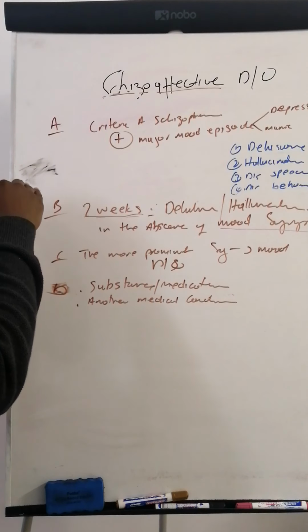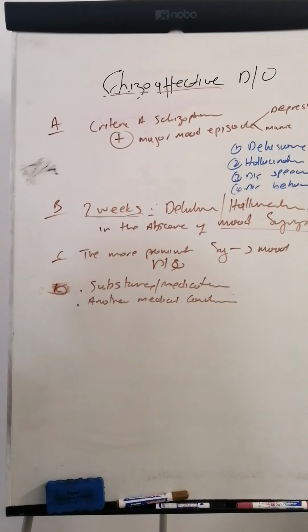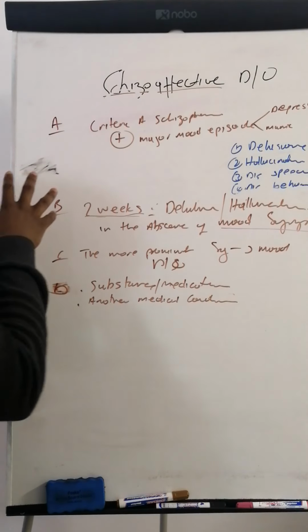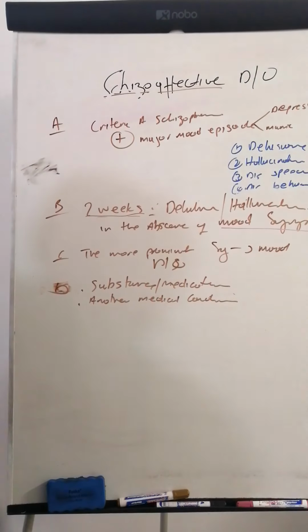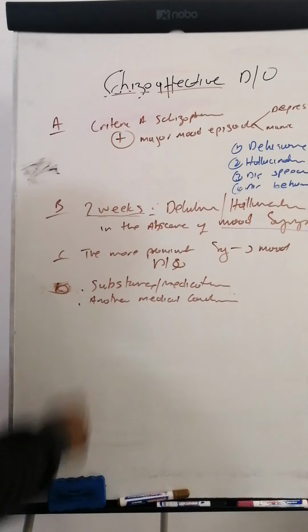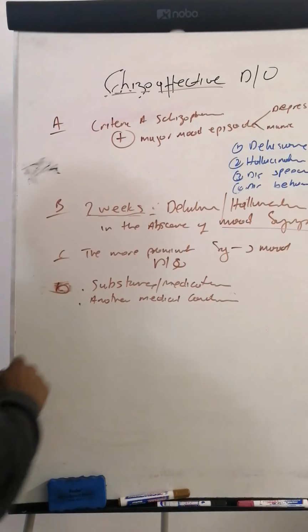The mood component can be either depressive or manic, which means you can have someone with psychosis plus mania, or psychosis plus a depressive episode.